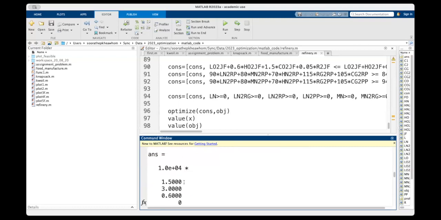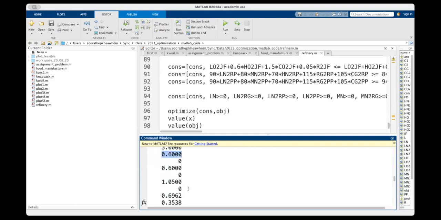And these, you see 0.5. I remember the first element is C1, right? So at the optimum point, we order 15,000 of C1 and 30,000 of C2. Okay. And the next one, what is it? It's light naphtha, maybe the production.